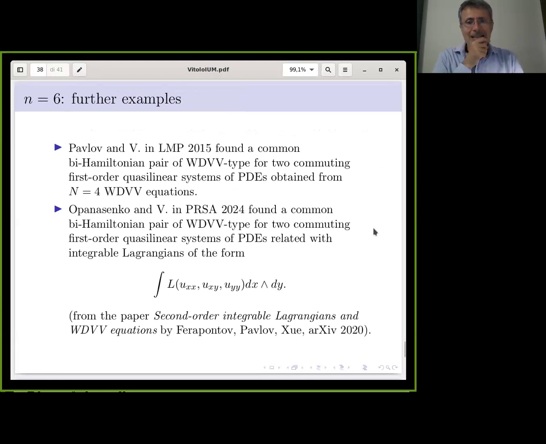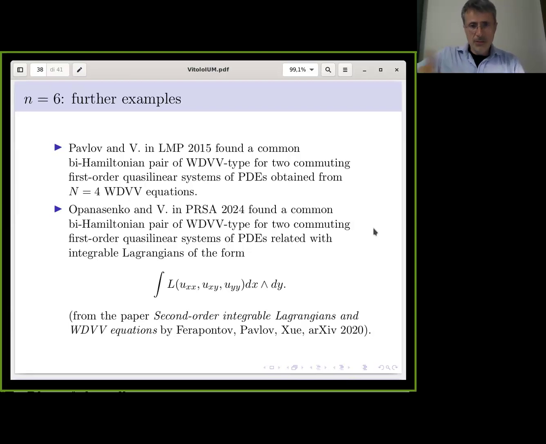And then let us see what is the situation in n equals 6. I'm almost finished. So with Maxim Pavlov, we proved that there is a common Bi-Hamiltonian pair of WDVV type for 2 commuting first-order quasi-linear systems of PDEs, which are obtained from WDVV equations in dimension capital N equals 4. Capital N is not the number of components. Here capital N is a dimension which is characteristic of WDVV.